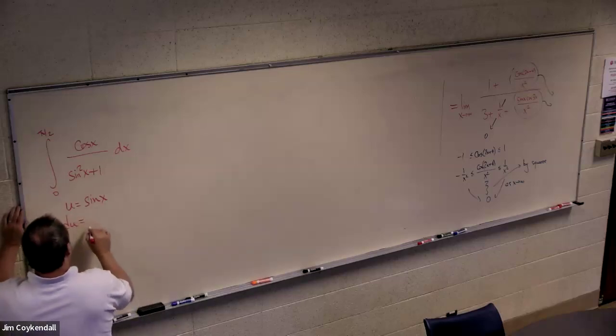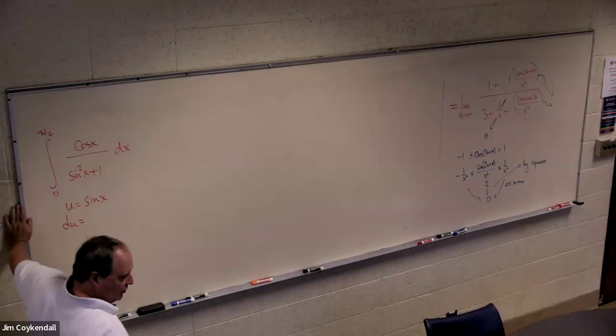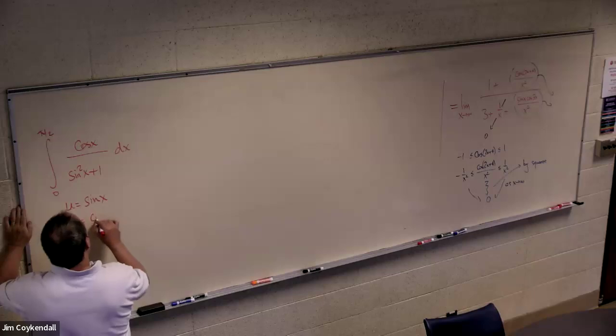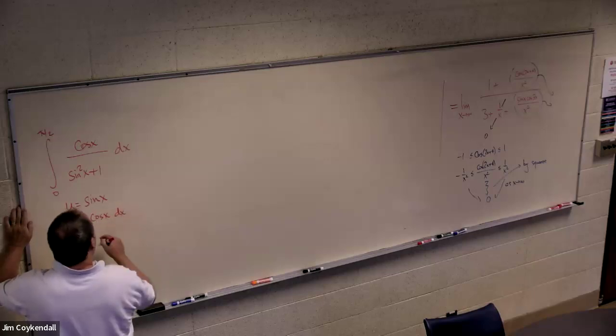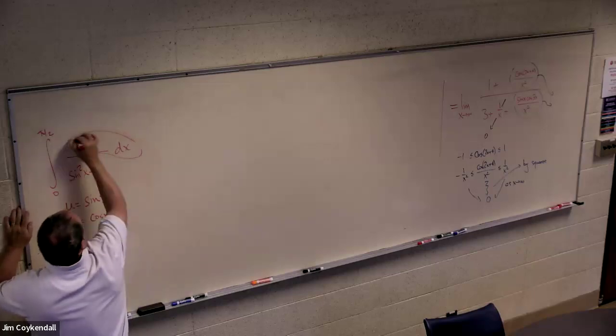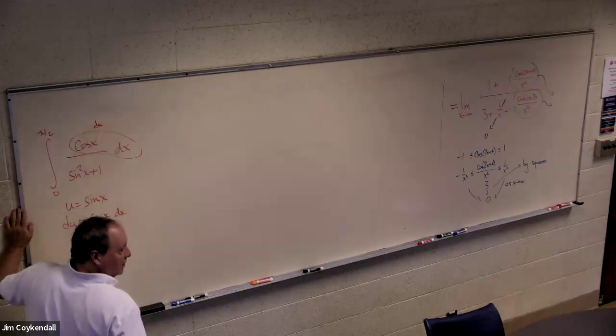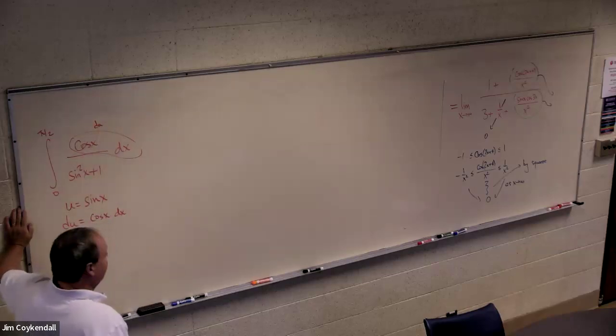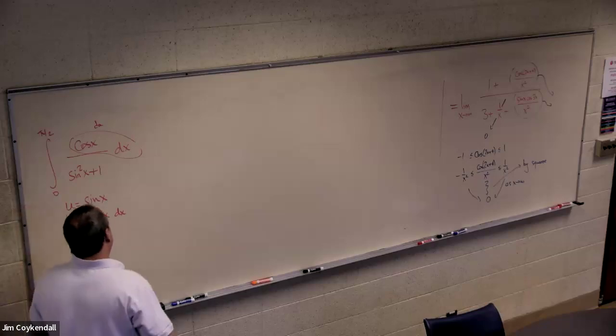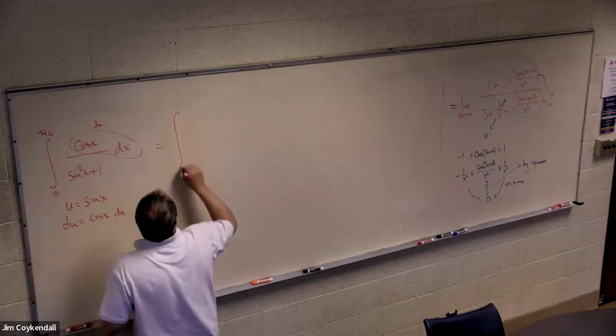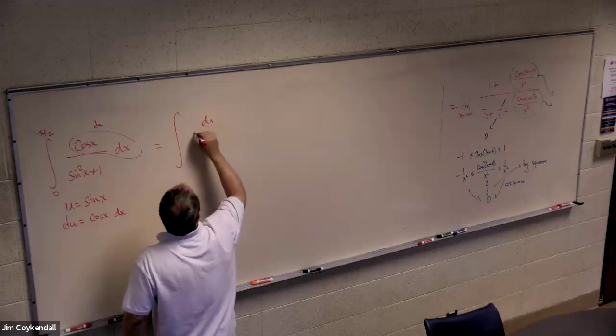And here's the beauty: if you do that, what is your du? So in the substitution, you've got this problem solved, that's du, right? That's a big piece of the accomplishment, and so you can actually do this. This is the integral of du over what?